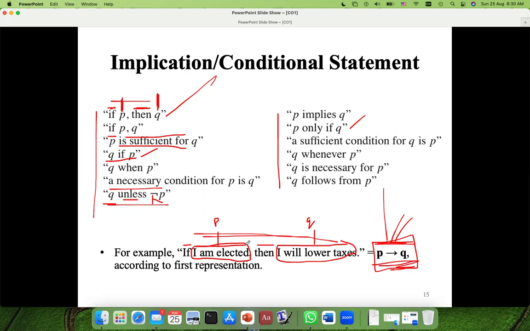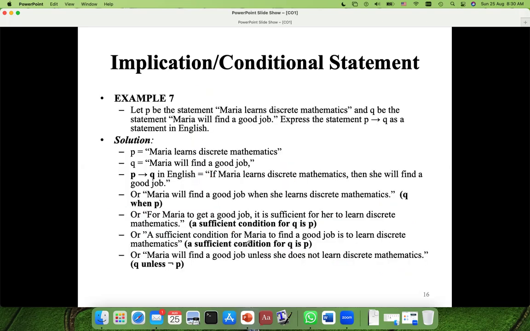Maybe, what is the word in Arabic for this unless? Hatta? Maybe. Illa? Illa. Okay. So these are the different readings we will see.